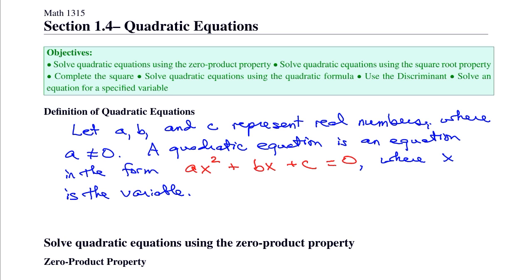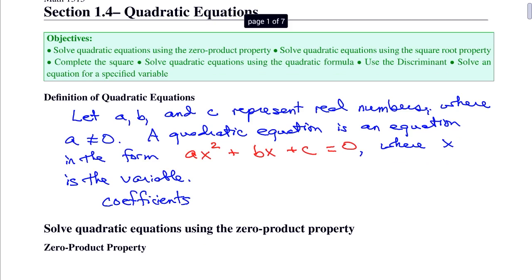The a, b, and c are called the coefficients. So a is the coefficient of x squared, b is the coefficient of x, and c is the constant term.